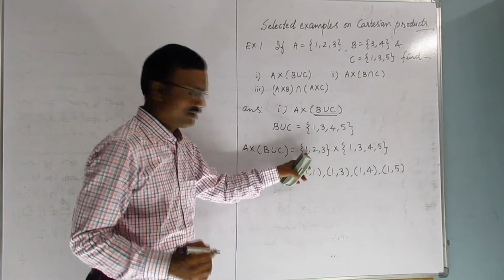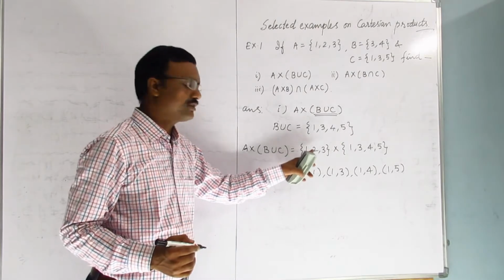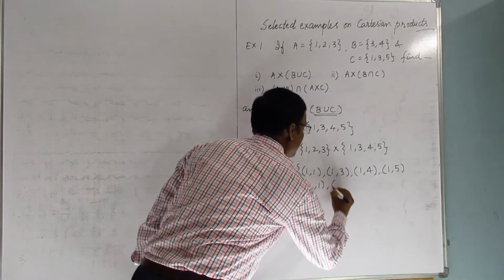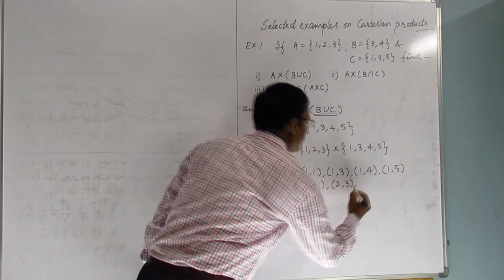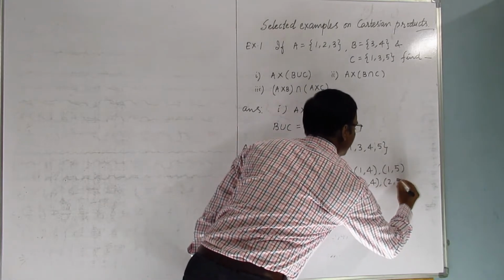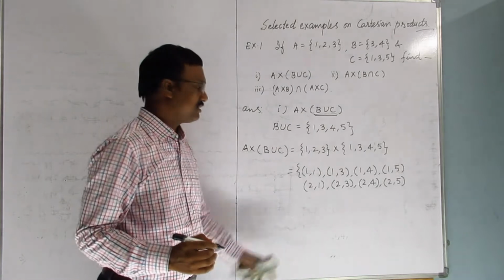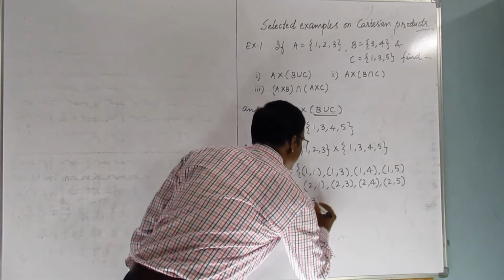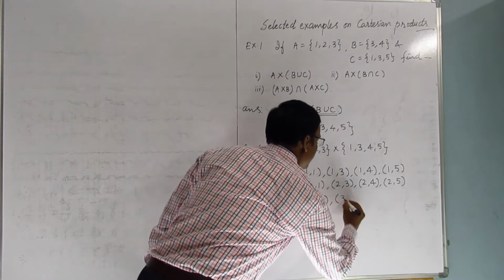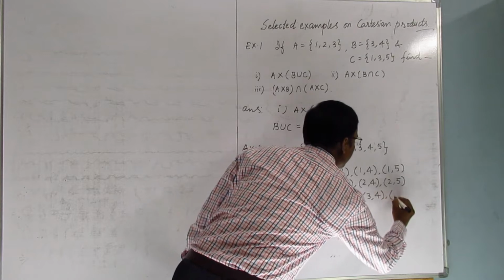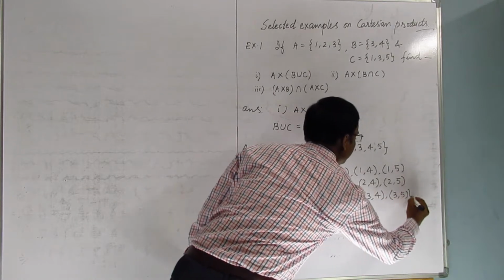That's all with 1. Now the same we have to do with 2. So 2, 1, 2, 3, 2, 4 and 2, 5. Now with the last element 3: 3, 1, 3, 3, 3, 4 and lastly 3, 5.